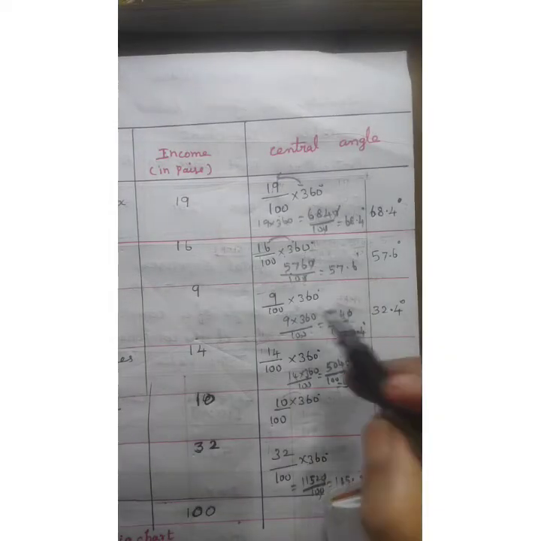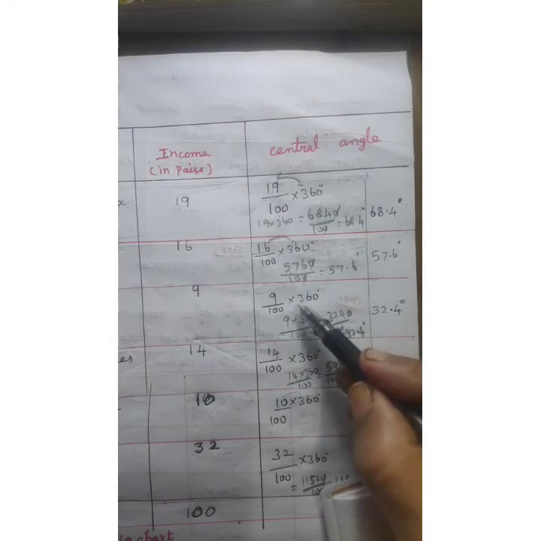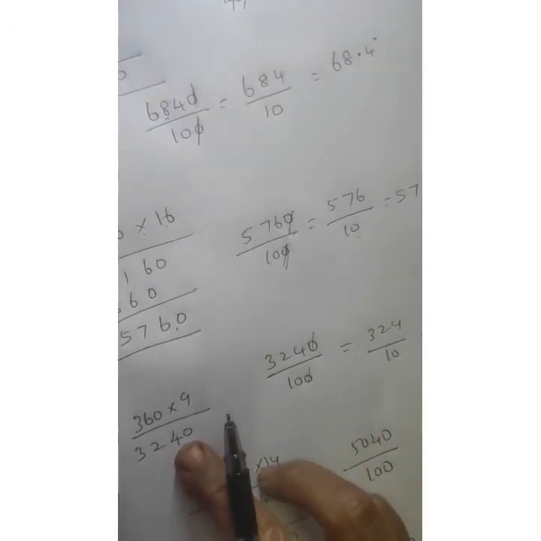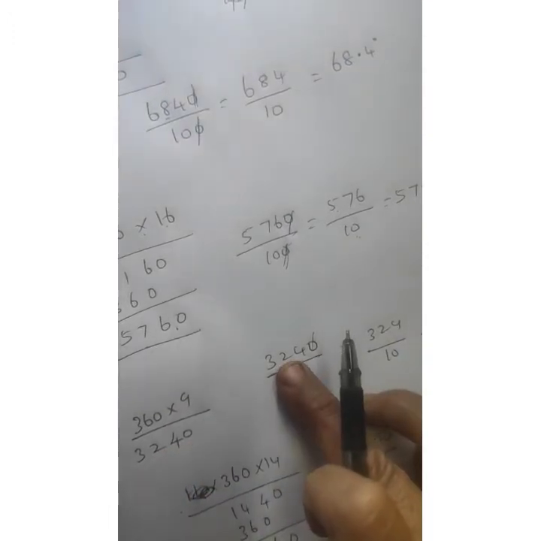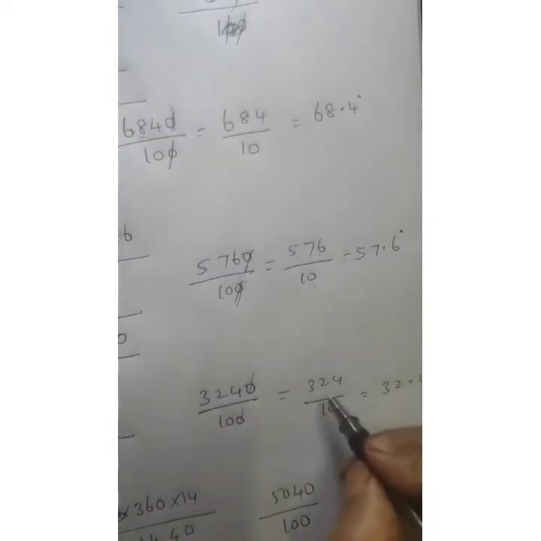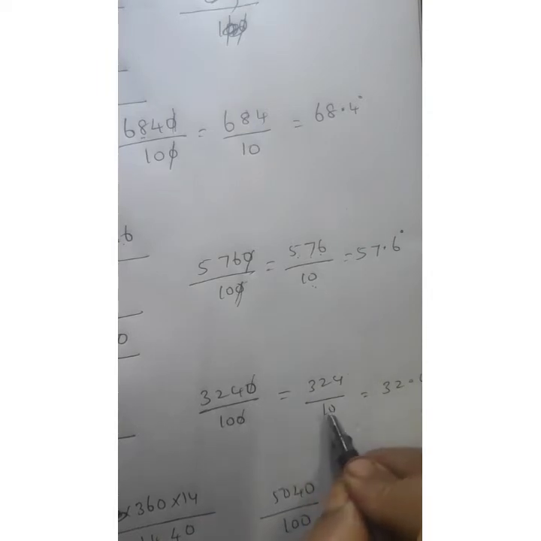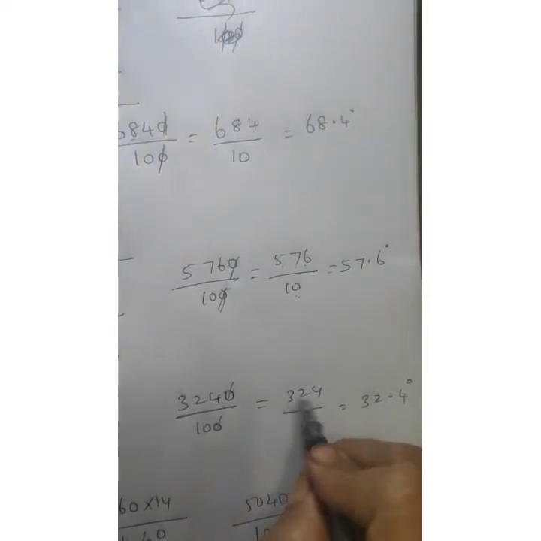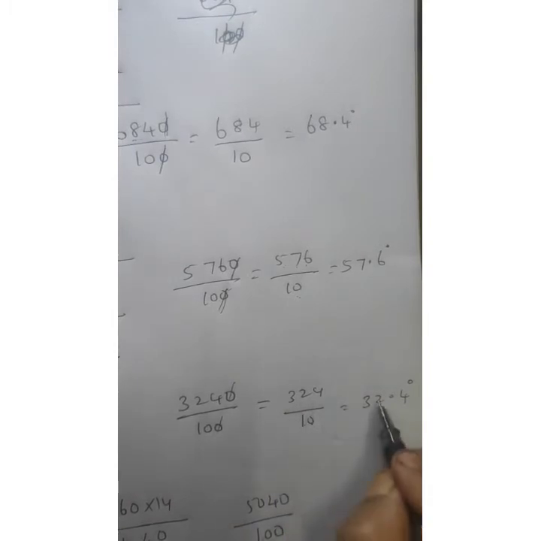The same for the next one: 9 by 100 into 360 degrees. 9 into 360 gives 3240, divided by 100. One zero cancels, remaining is 324 divided by 10, so the answer is 32.4 degrees.